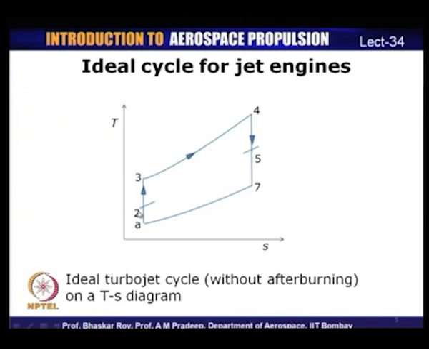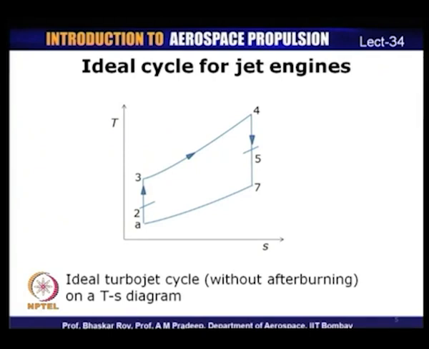So, 2 denotes the compressor entry, 2 to 3 is the ideal compression or isentropic compression in the compressor. So, process all the way from A to 3 is isentropic compression. Then we have a constant pressure heat addition, which is in the combustion chamber.